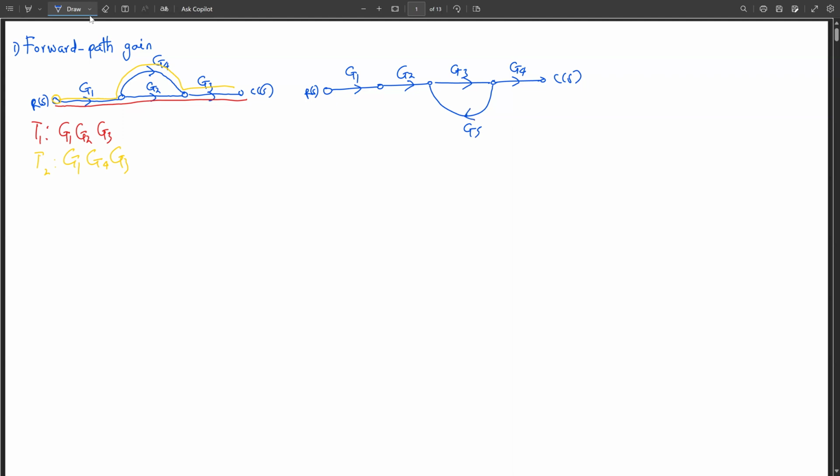So the first forward path is from here to here, right? Because they all follow the same signal flow, from the input node to the output node.